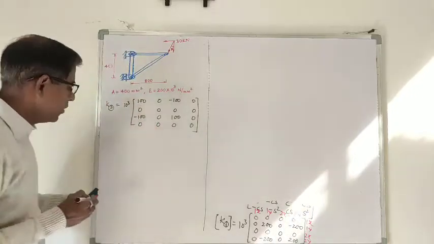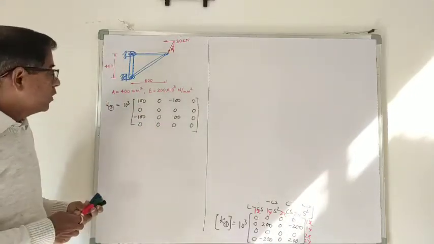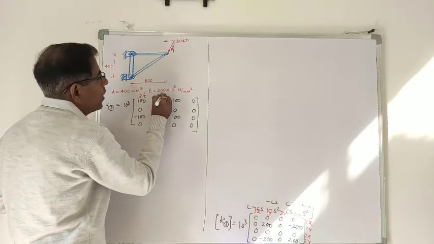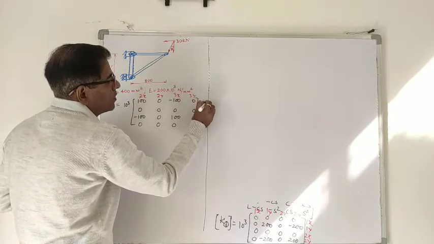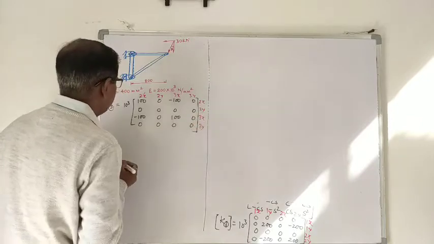This is for element number 2, and we know that element 2 is made up of nodes 2 and 3. So the row numbers will be 2x, 2y, 3x, 3y, and the column numbers 2x, 2y, 3x, 3y.